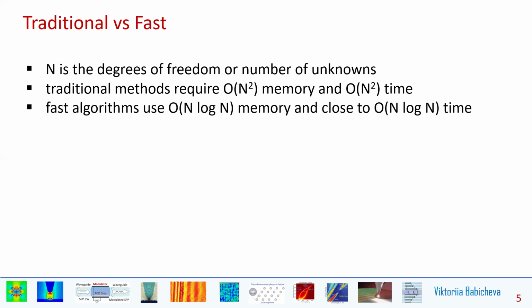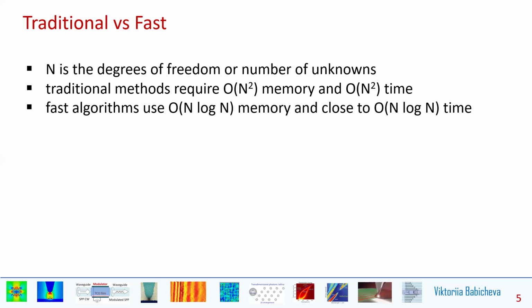Traditional numerical methods are inefficient. In contrast, fast algorithms in computational electromagnetics are making their way into many electromagnetic analysis methods, and changes are expected in the near future. Let's say we have a problem with N degrees of freedom, or N unknowns. Many of these fast algorithms use the order of N log N memory.